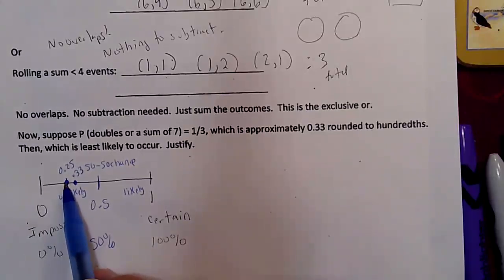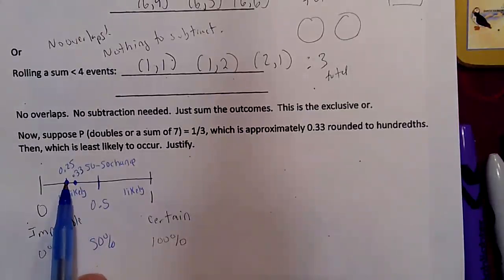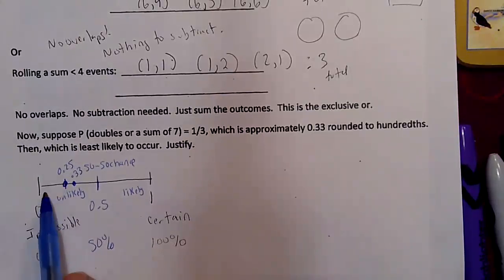The probability of getting a sum greater than 9 or less than 4. This one's least likely to occur because this one is closer to 0, closer to 0.